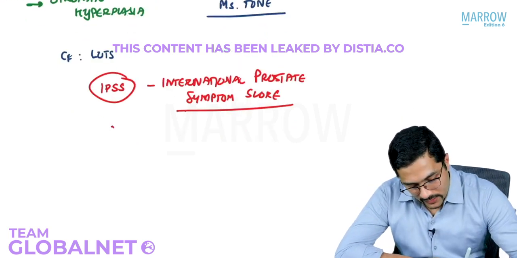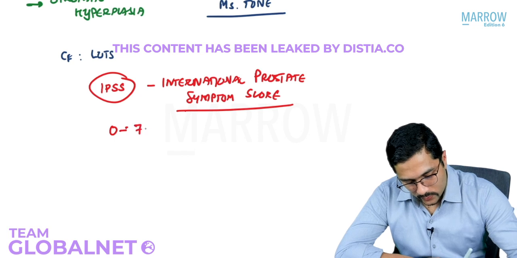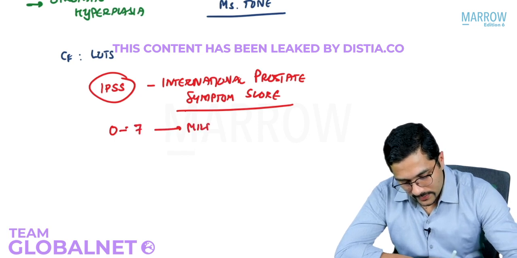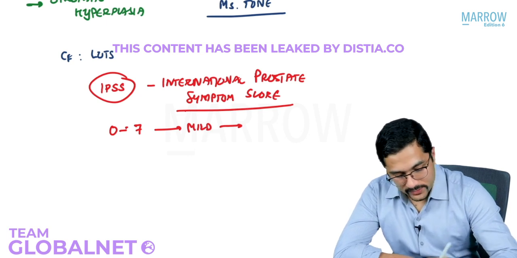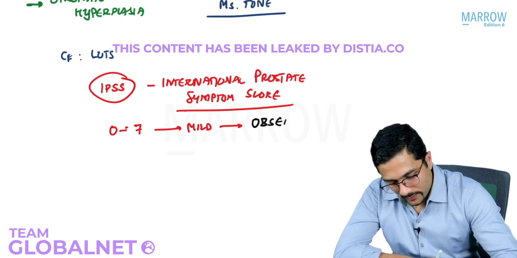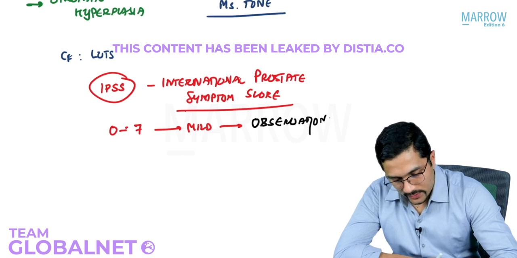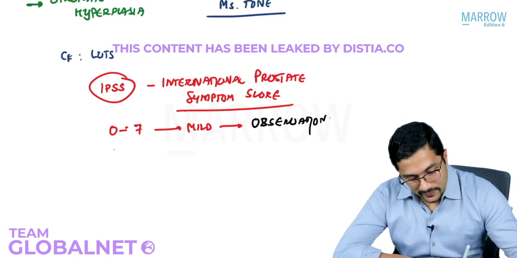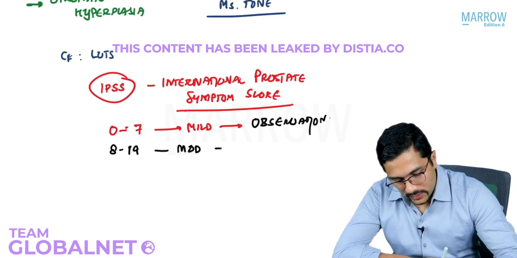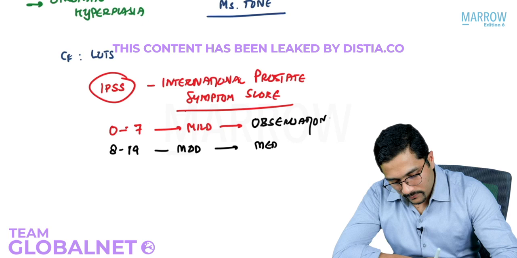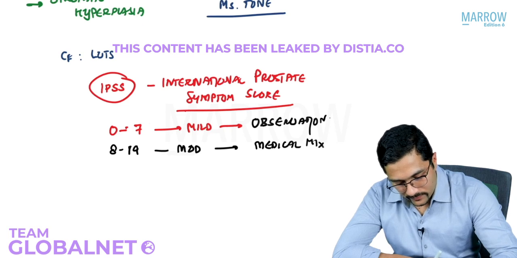So if the International Prostate Symptom Score is 0 to 7, this is mild disease, and we start these patients with observation. No treatment is required, just observation is what is required. If it is 8 to 19, this is moderate disease, and usually these patients are started on medical management.